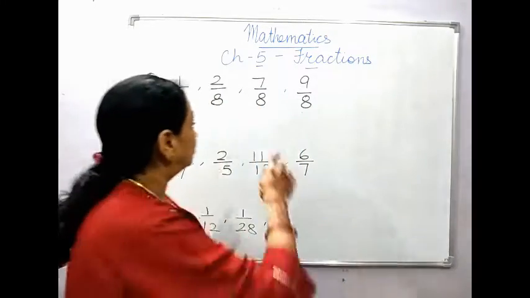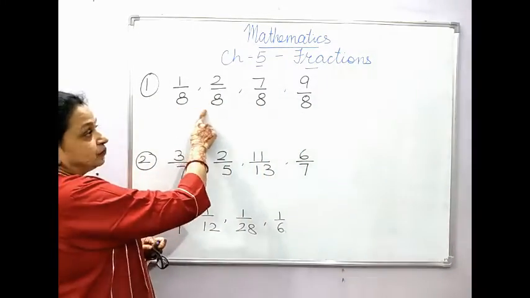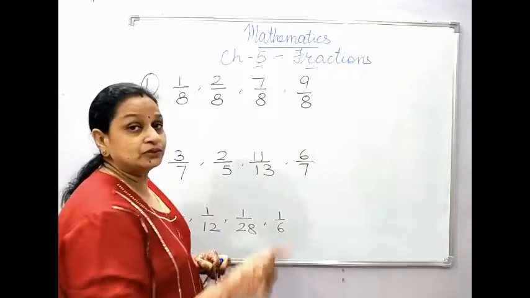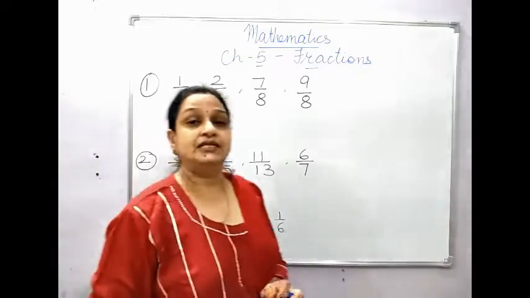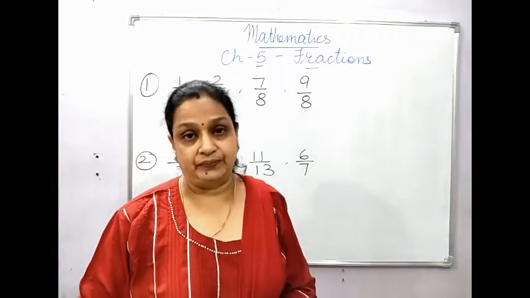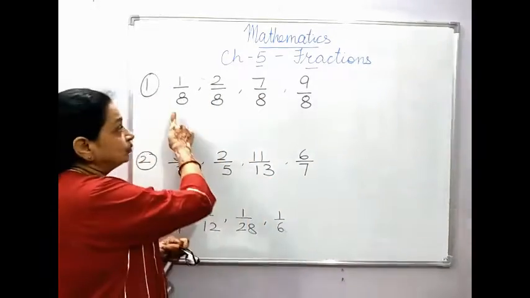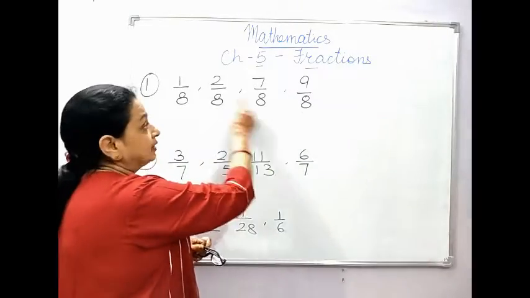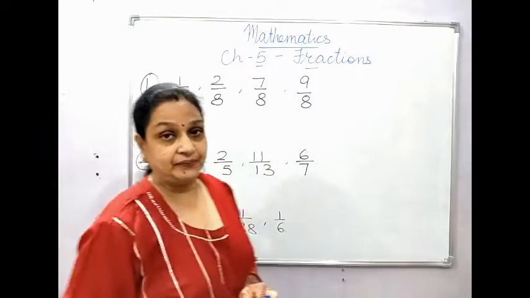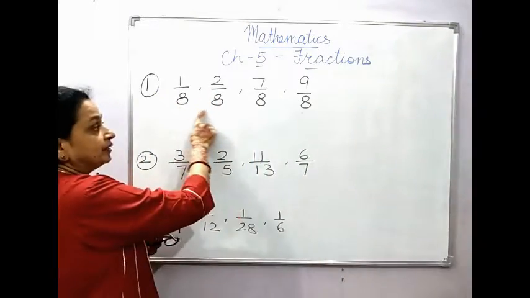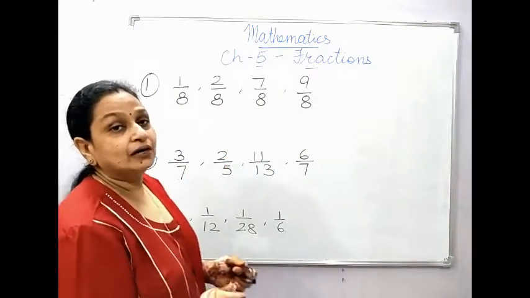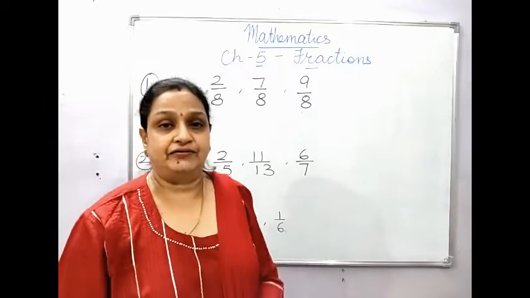Okay. Now look over here. If you observe these 4 fractions, the denominators are same and the numerators are different. Such fractions in which the denominators are same are called like fractions.